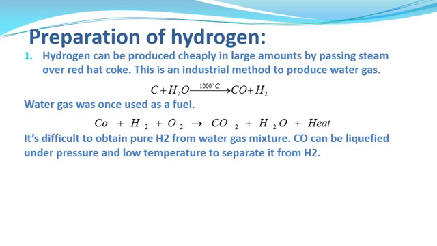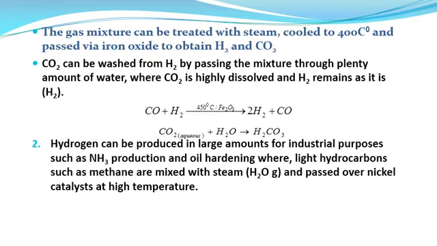The combustion of this gas in an oxygen atmosphere will give carbon dioxide and water. It is difficult to obtain pure hydrogen from the water gas mixture. Therefore, carbon monoxide can be liquefied under pressure at low temperature to separate it from hydrogen.